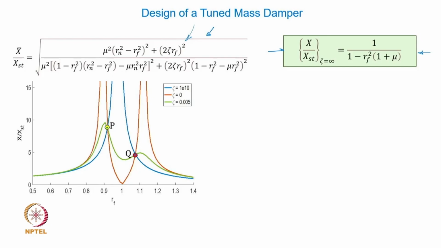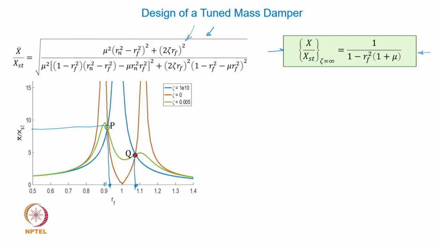That means if I want to find out the amplitude of the response at point P, for the given value of RF here, I can use this expression. So if I substitute for the RF for this point and use this equation, I will get x upon xst corresponding to P and corresponding to Q. For Q, of course, I will have to use this RF value. So this is one equation which we are going to use for our analysis.